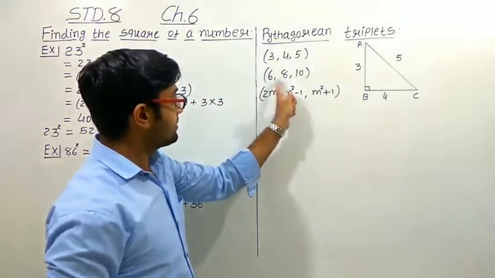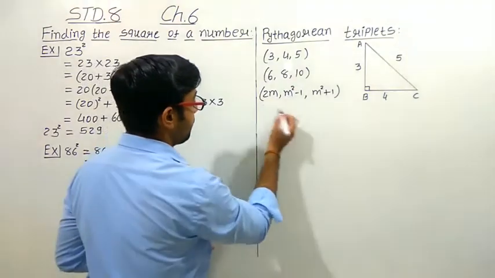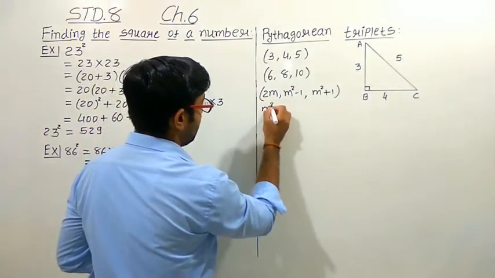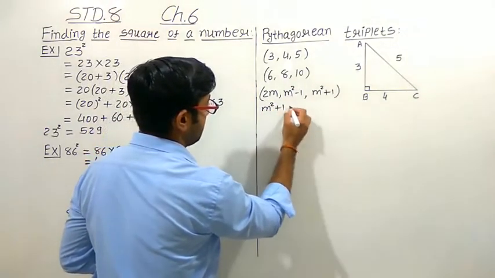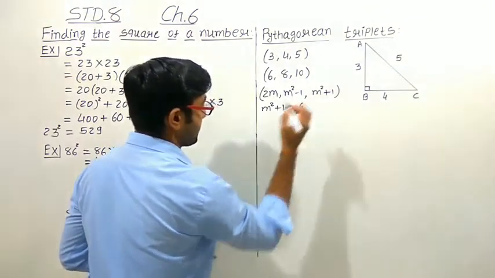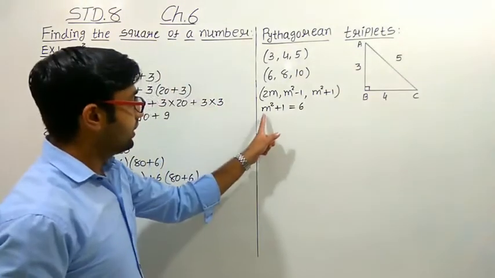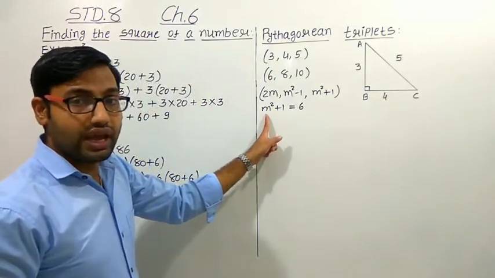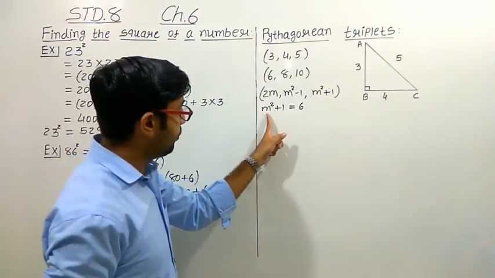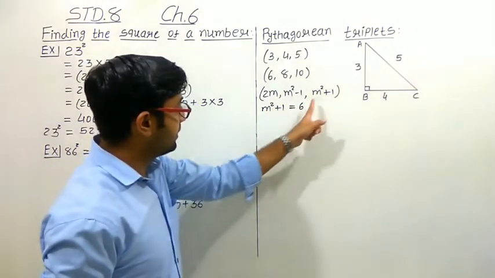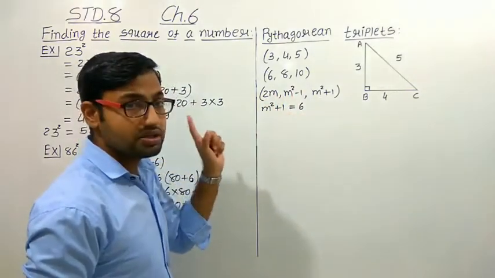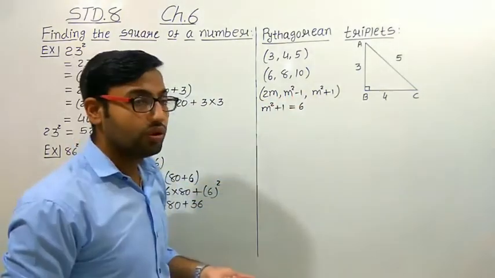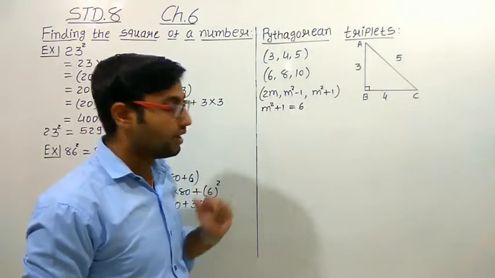Let us compare this 6 with m square plus 1. Then m square plus 1 equals, suppose, 6. Now we have to find the value of m. If we get the value of m, by putting it in all three members we can get all three numbers of the Pythagorean triplet.